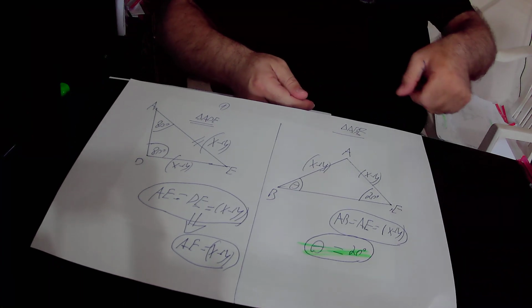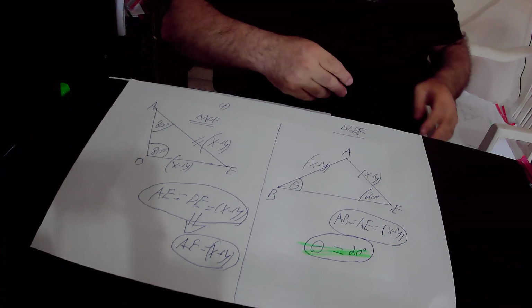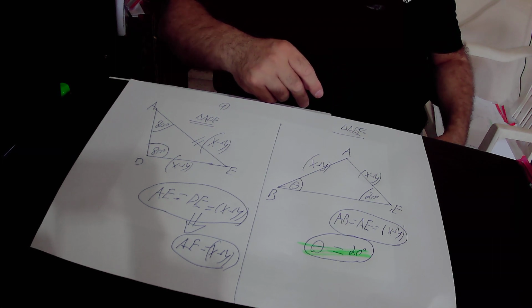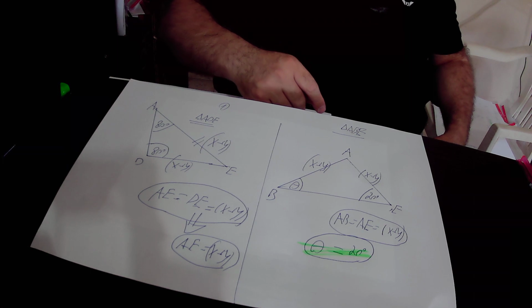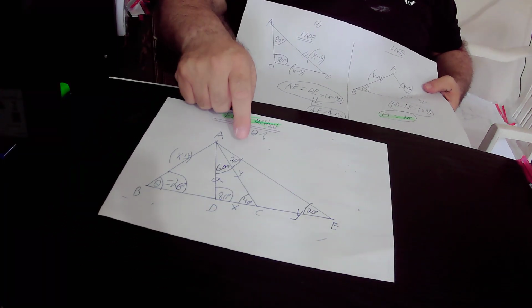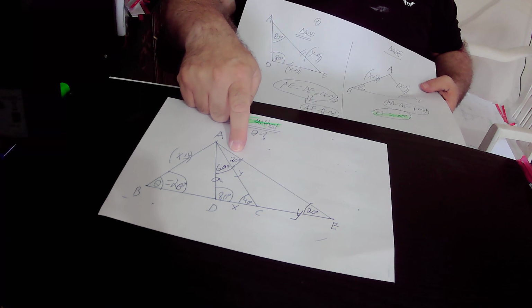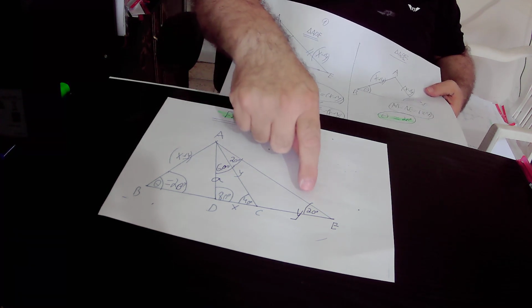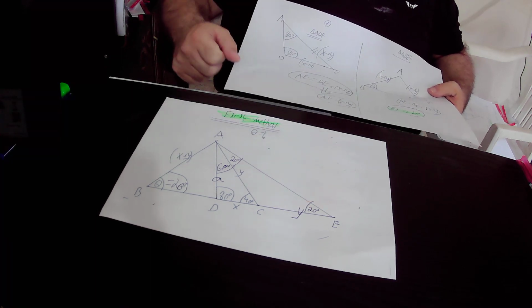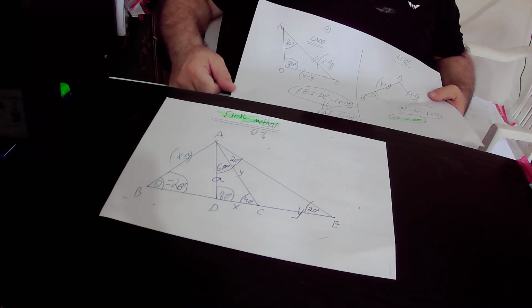We divided the equation by 2 and found out that alpha equals 20 degrees. So here we have this angle alpha equals 20 degrees, and this angle, also alpha, equals 20 degrees.